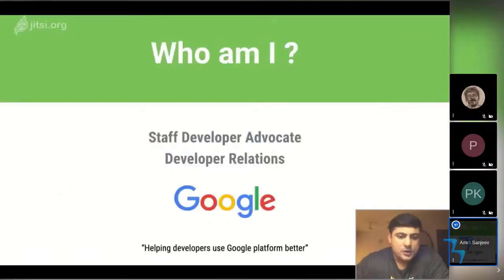So I work at Google as a staff developer advocate. I work in a team called Partner DevRel, and we work with the large partners in order to help improve their implementation on the Google platform. So that's what I do in my day job. I've been active in the community for quite some time, and that's how some people know me. I've been recently hearing that people don't introduce me anymore. They say they know.